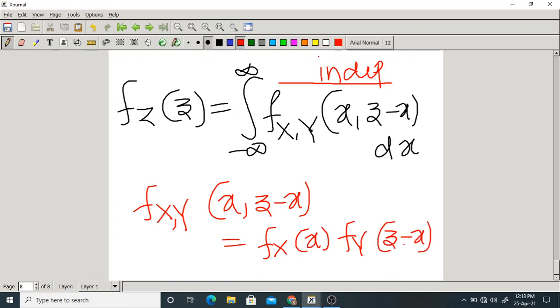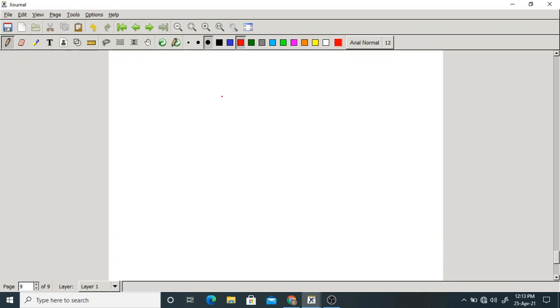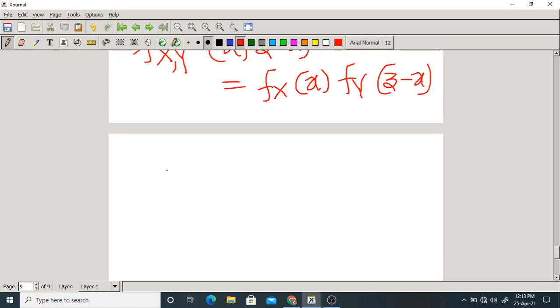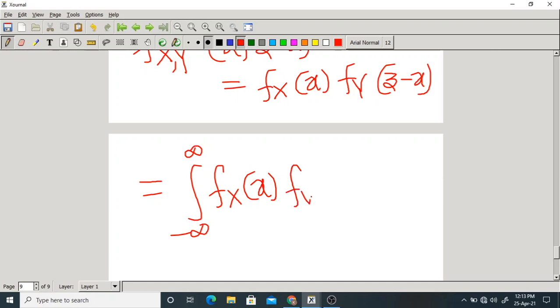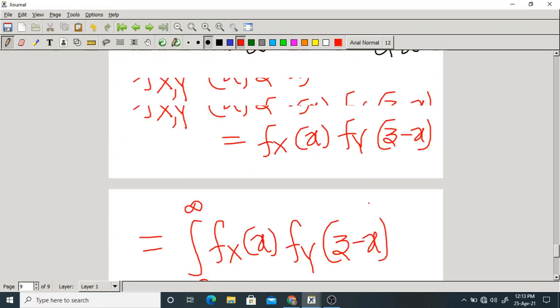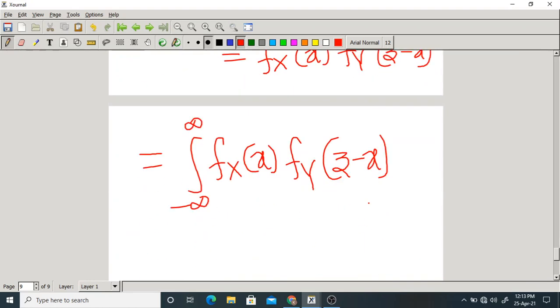Isn't it? Now we substitute in the integral. What do you get? So this further becomes the integral from minus to plus infinity of fx of x fy of z minus x dx.